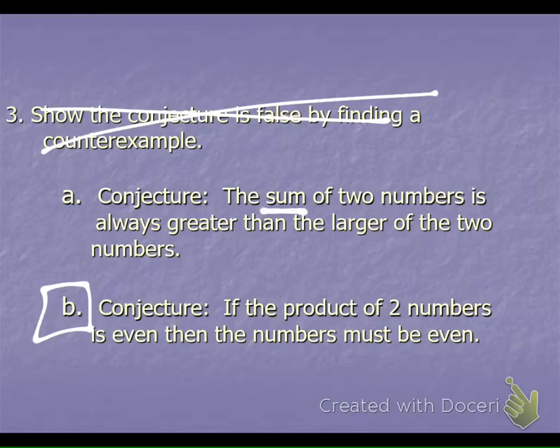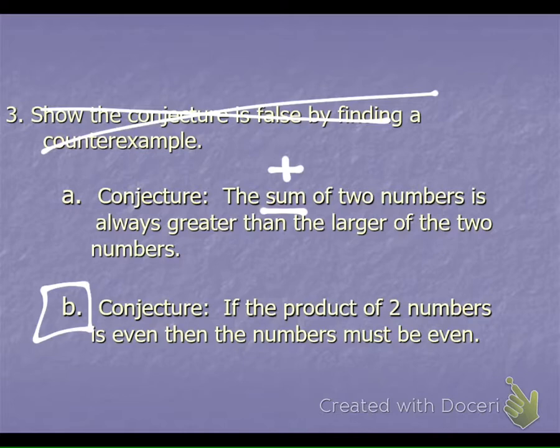Okay, sum. So I will be adding. All right, the sum of two numbers is always greater than the larger of the two numbers. So all I have to do is show a time when this isn't going to happen.